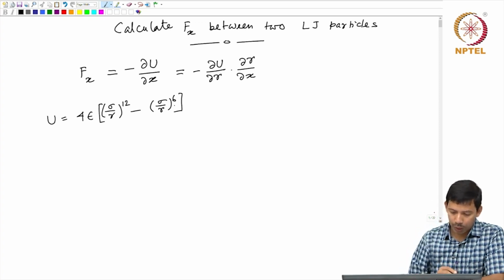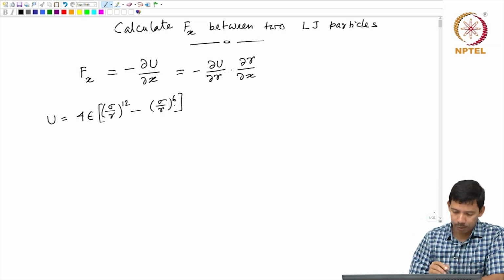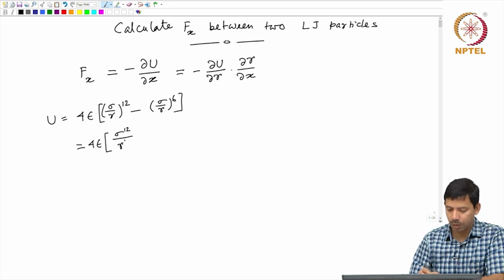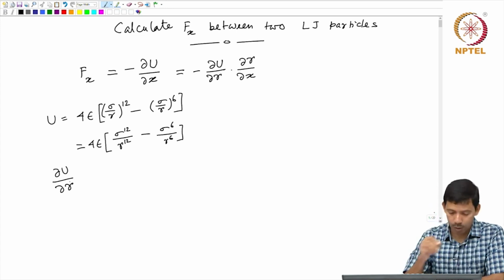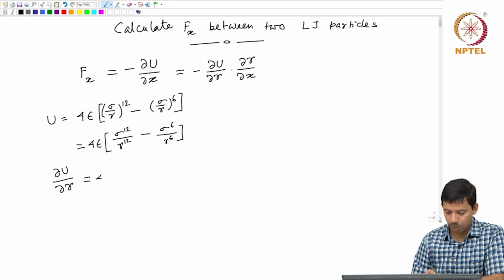So from here we want to calculate del u del r. Let me simplify a little bit. This is sigma to the power 12, which is a constant, and this is a variable, minus sigma to the power 6, which is again a constant, where sigma is the diameter. Now I want to calculate del u del r. If you differentiate u with respect to r, 4 epsilon is the constant term, so it stays there.